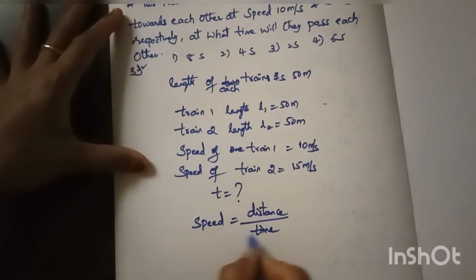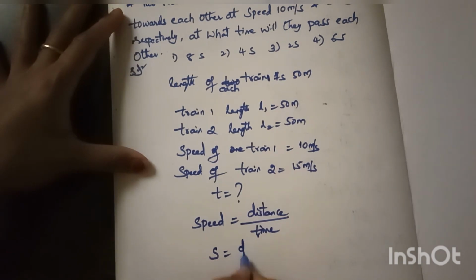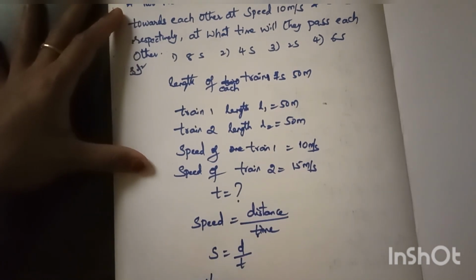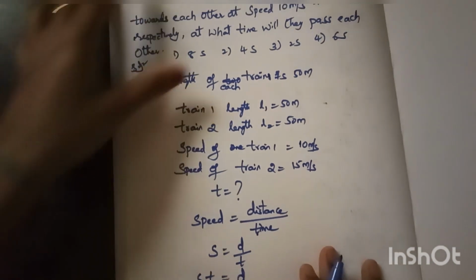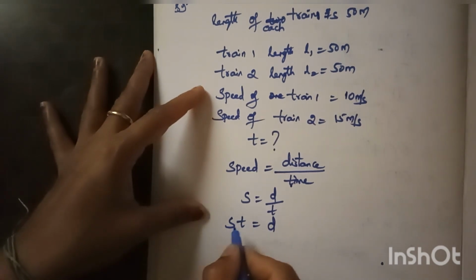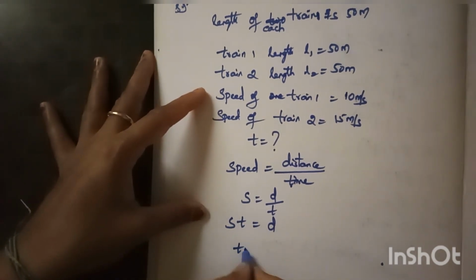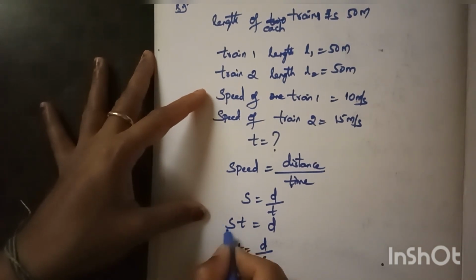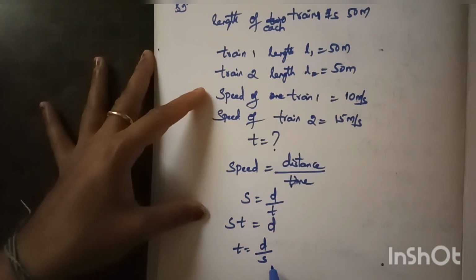We want time here, so from S equals d by t, sending t to the left-hand side it becomes multiplied, and sending S to the right-hand side, t equals d by S. As S is multiplying, when we send it to the right-hand side it will divide.